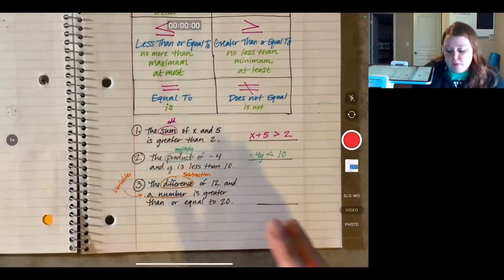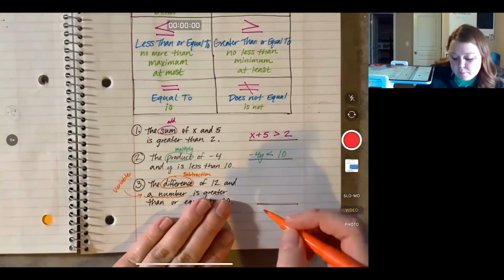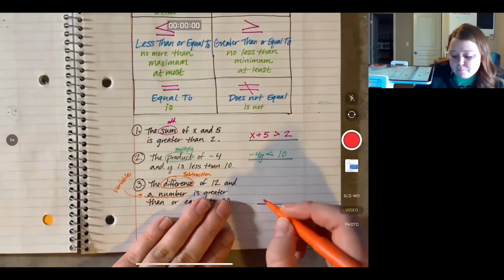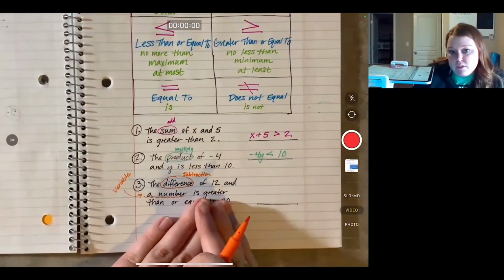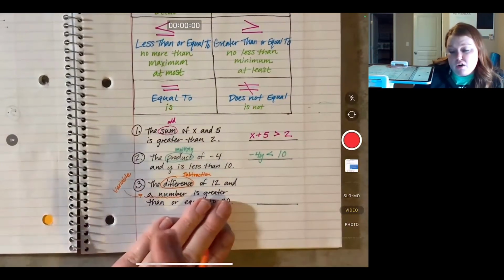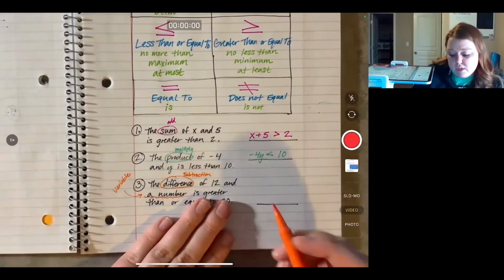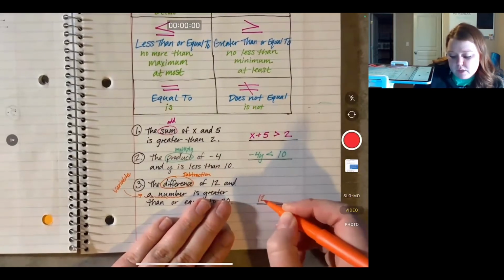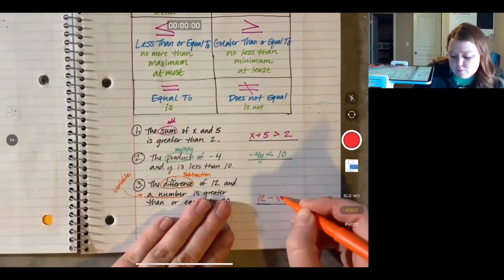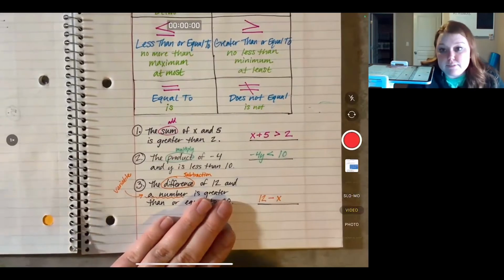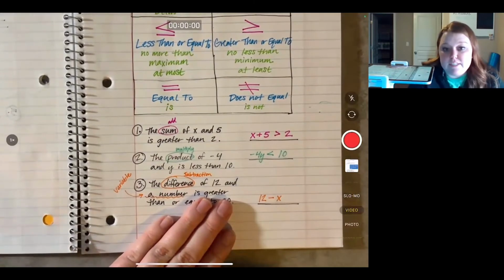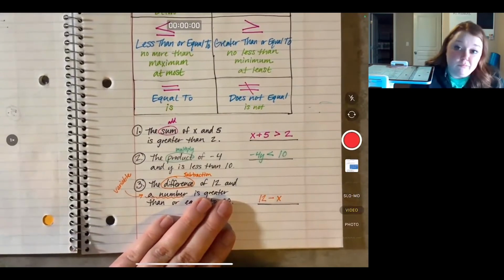So let's just do that part, difference of 12 and a number. So how this is written is you're just going to go in order of how it's stated. So the difference of 12 and a number would be like that, 12 minus x, okay? If it said 12 subtracted from a number, then that would be x minus 12.